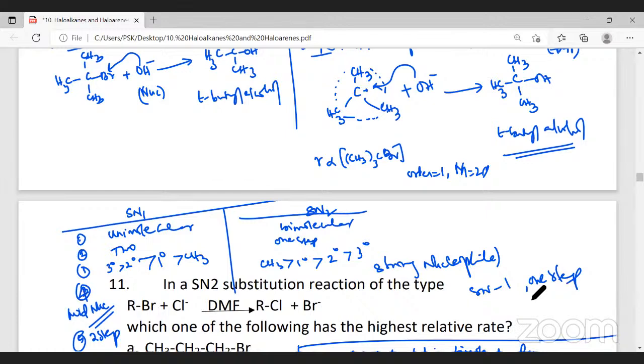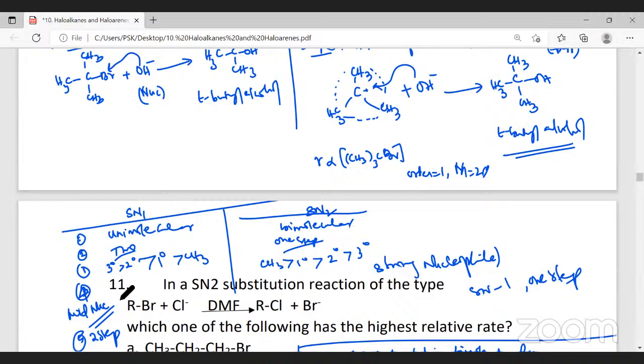They can ask you the SN1 mechanism, the SN2 mechanism, or the difference between SN1 and SN2 mechanism. They can ask you differences for 2 marks. So please remember, SN1 is a unimolecular reaction, SN2 is a bimolecular reaction. SN1 takes place in 2 steps and SN2 takes place in 1 step.